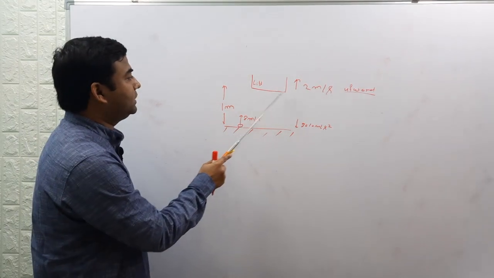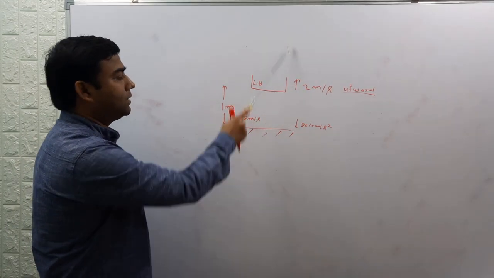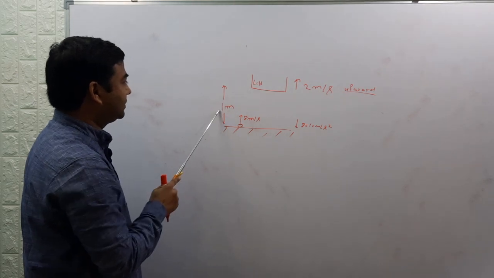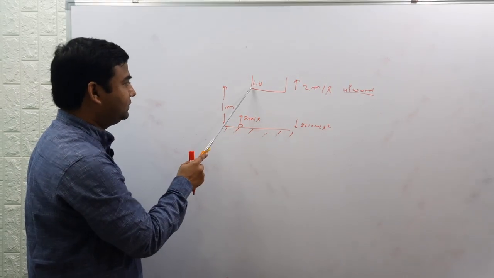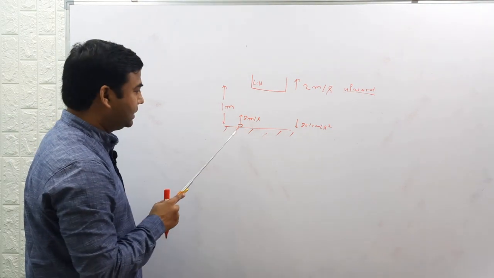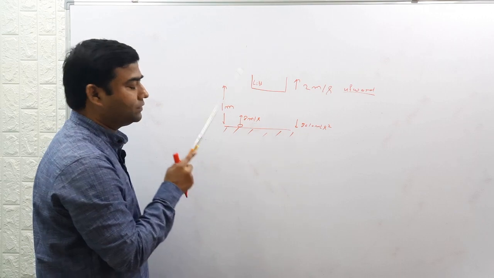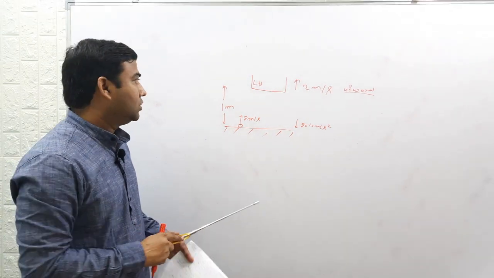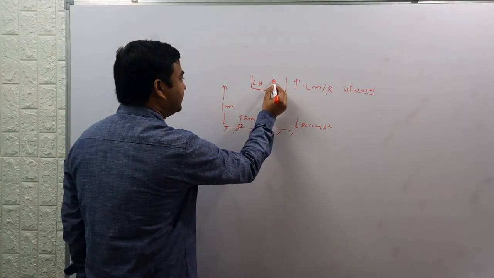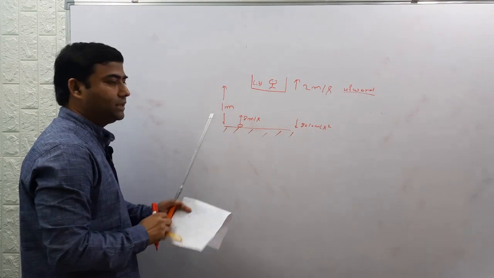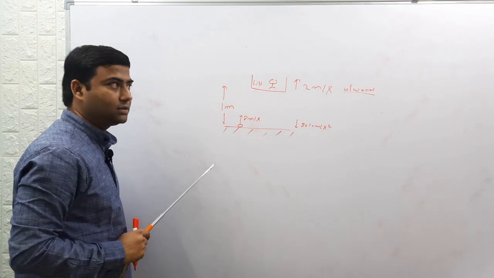So a lift is moving with velocity 2 meters per second upward. When the lift is at height 1 meter from the ground, an object is projected upward with a velocity of 8 meters per second. A person sitting on the lift sees this object.